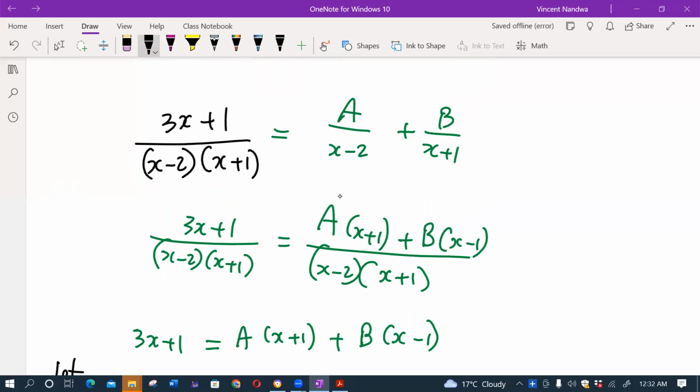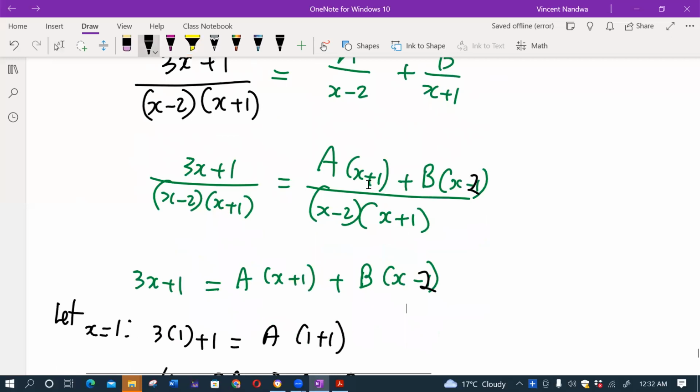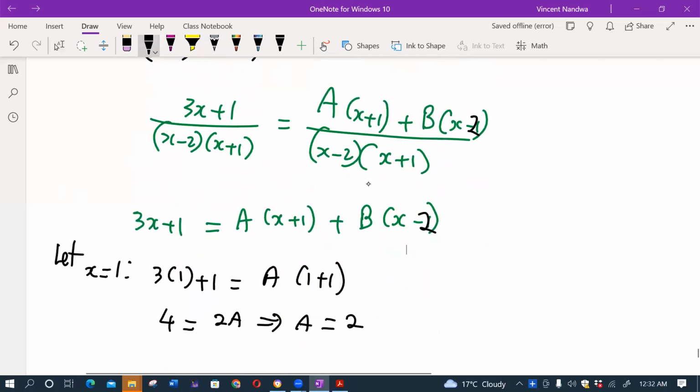So x minus 2 into this, the LCM is x plus 1. And then x plus 1 into this will be 2, not 1. So if you want to eliminate b, then you need to fix x to be 2, not 1. So 3 by 2 is 6 plus 1 is 7. So a will be 7 over 3. So make that correction.